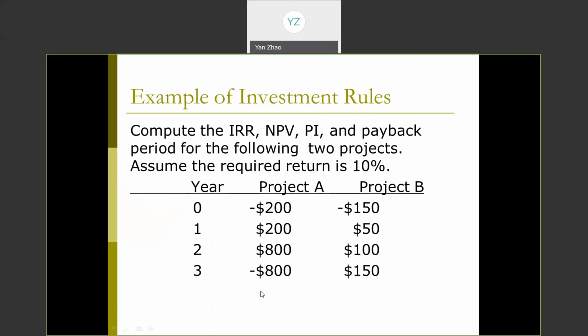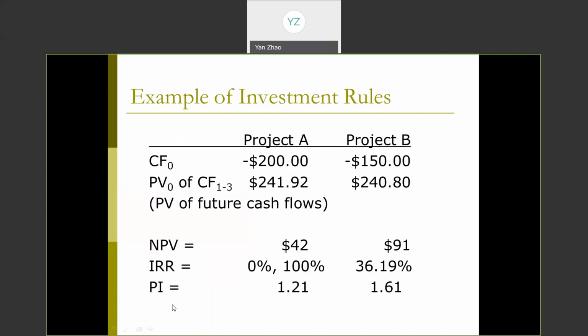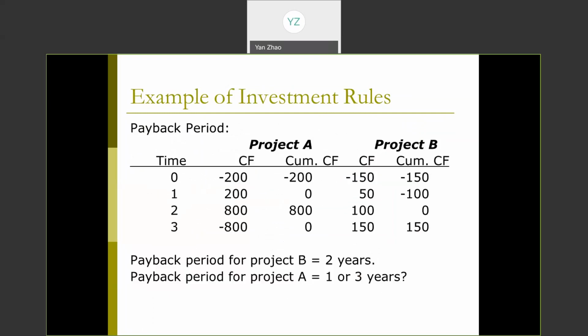But if in the future the cash flows are not all positive numbers, they are called non-conventional cash flows. Then you will have more than one internal rate of return. PI 1.2 and 1.6. Please double check whether you have the numbers right.